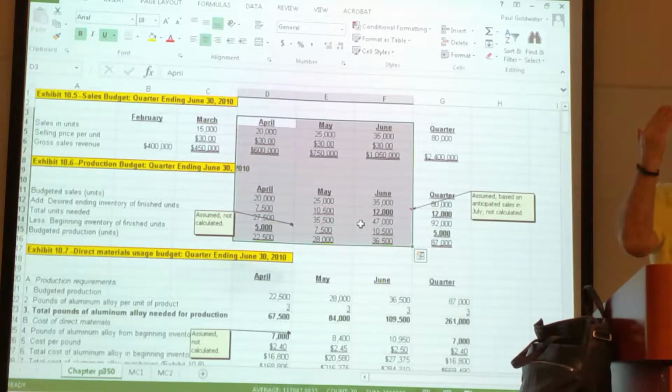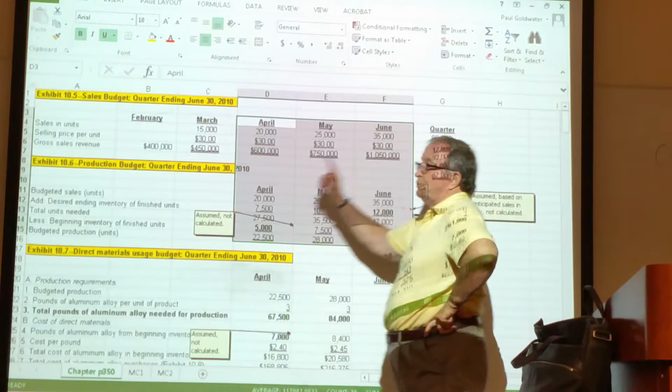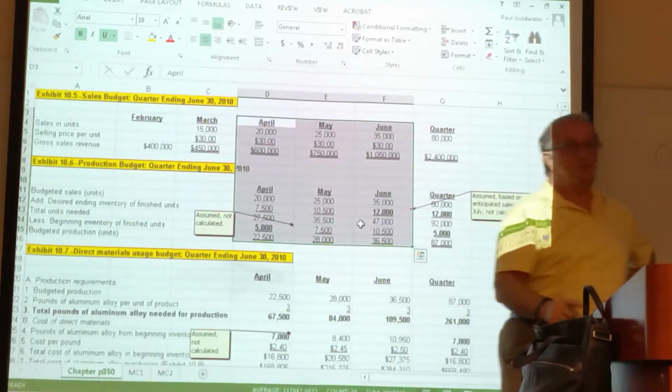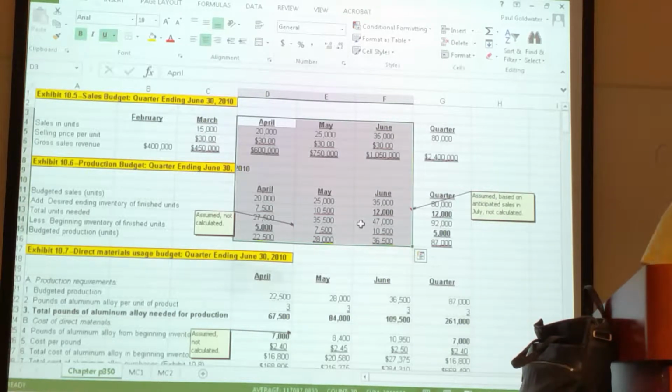So when they gave you the example of a budget in the chapter, in order to limit the space, they limited the budget to 3 months. But don't say that when you're answering the conceptual question. A budget is usually 12 months. That's the answer.